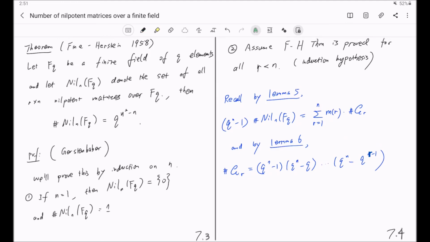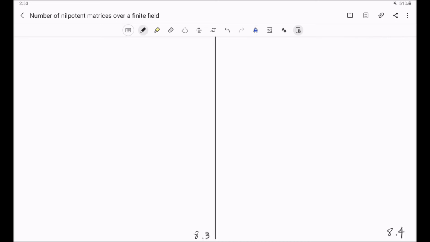And now with this knowledge of m of R and our previous knowledge of the number of rank R admissible matrices. Sorry, this is a typo. It should be q raised to the power R minus 1, not n minus 1. So now let's compute the number of nilpotent matrices n by n over F_q.